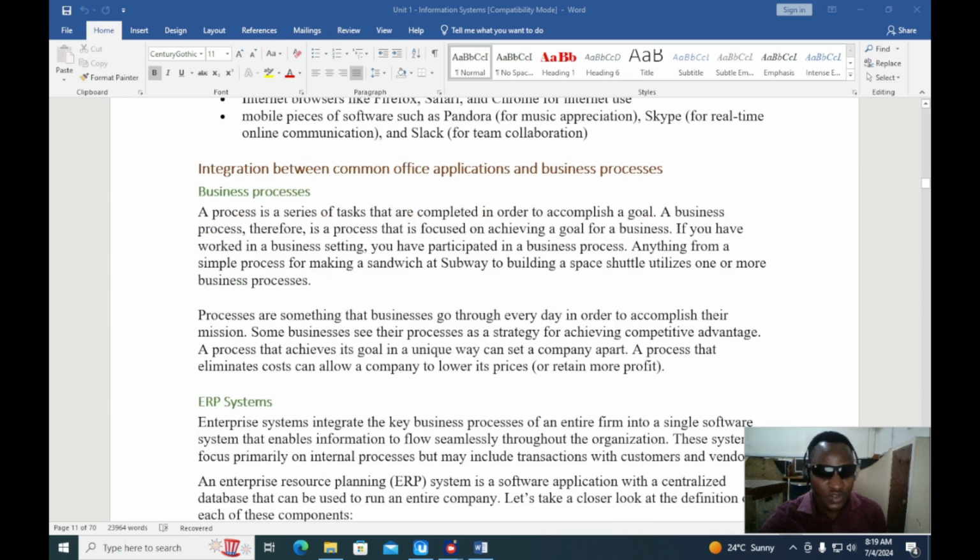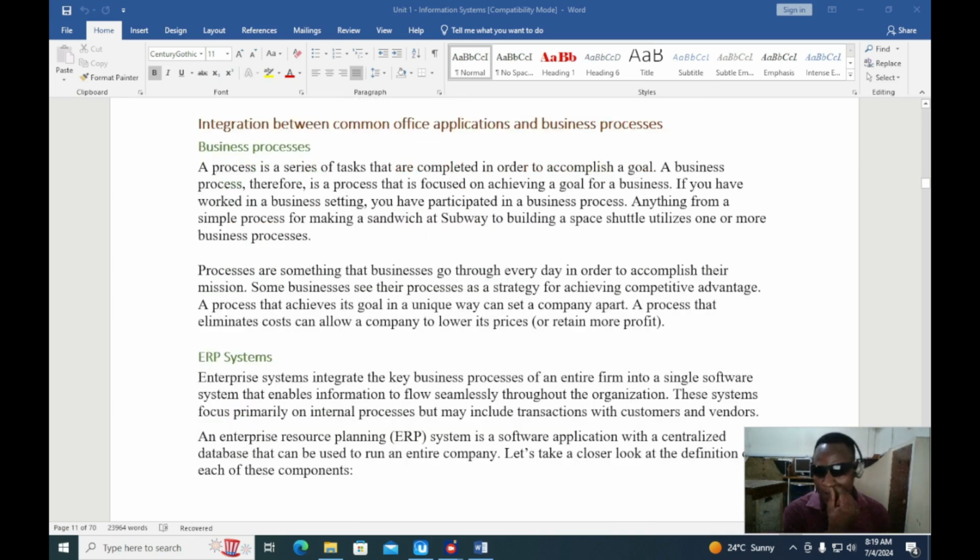But again, we need to understand that a process that is able to achieve a goal must be unique, and can set that company apart. It's very important for us to understand that it can set the company apart.